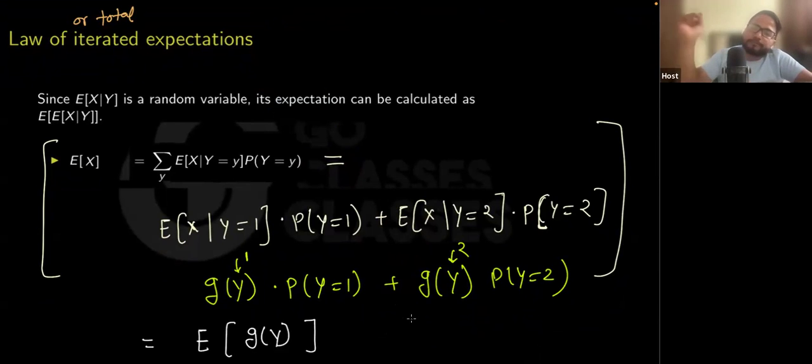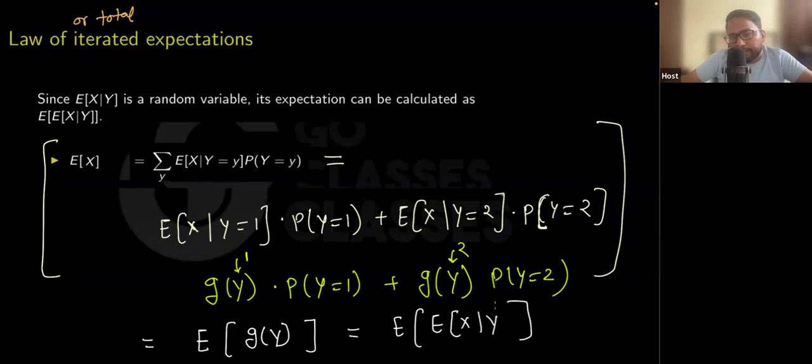Is this okay to everyone? Tell me, right? And what is this g of y? Tell me the value of g of y. It is nothing but the function which is telling you the expectation, right? Isn't it?